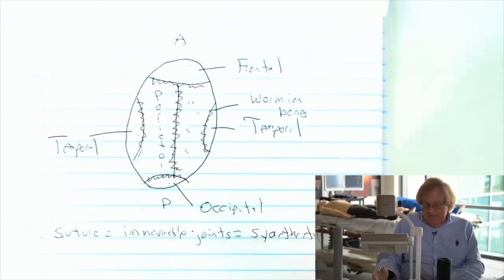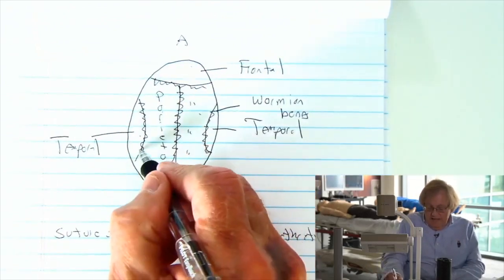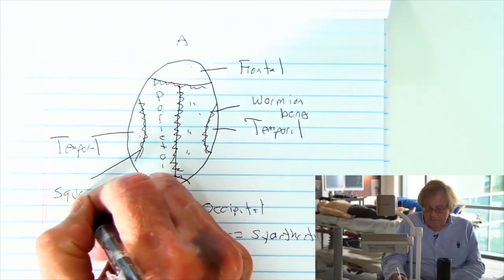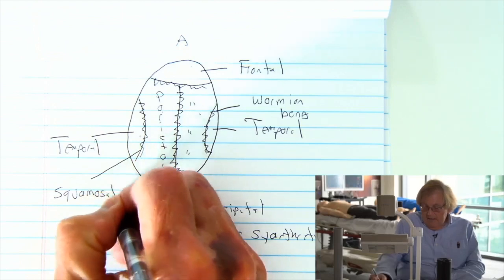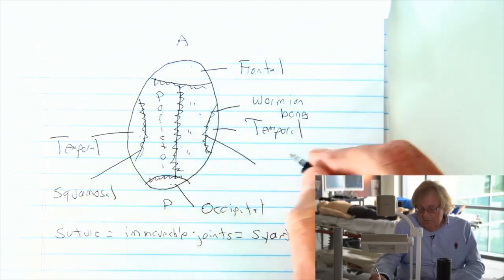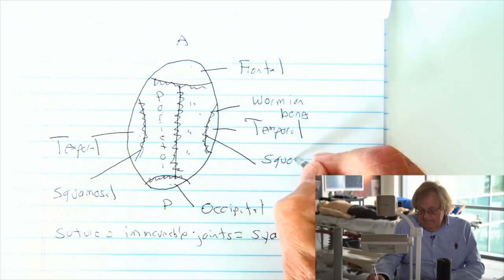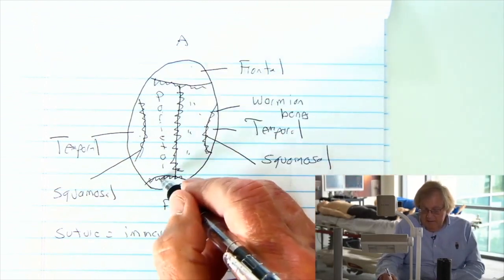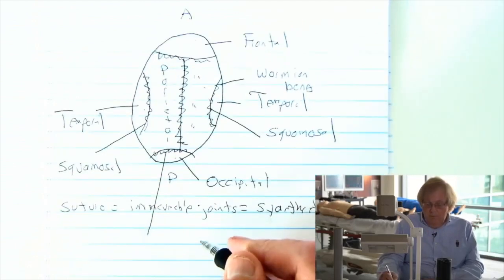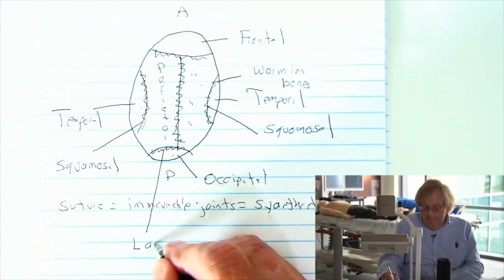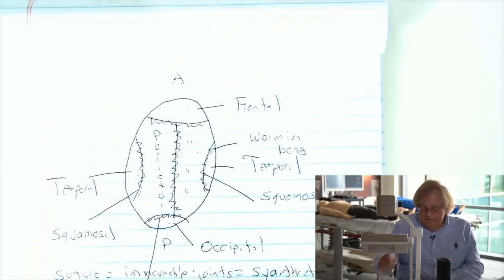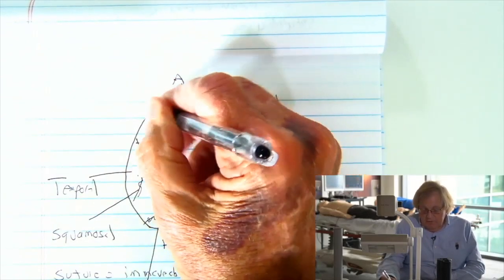And now we just have to name the sutures. So we've got a suture on the side here, and that's called the squamosal. And I've got another one on this side called the squamosal. I've got one on the back called the lambdoidal. I've got one on the front called the frontal or coronal.